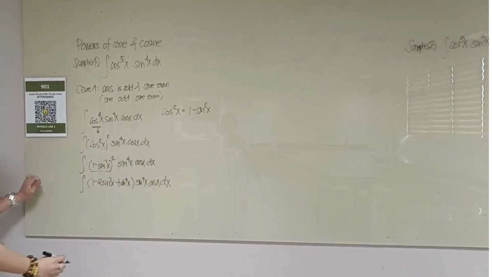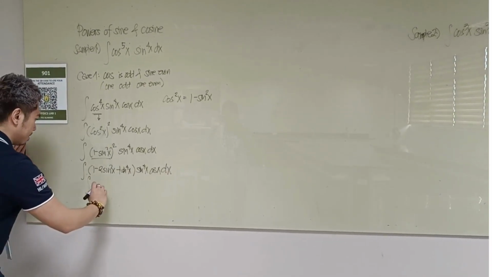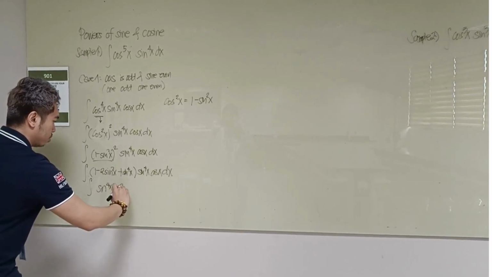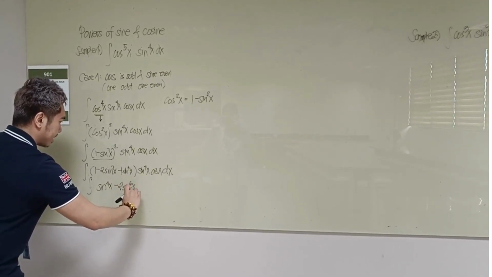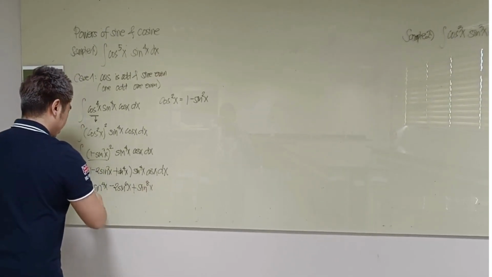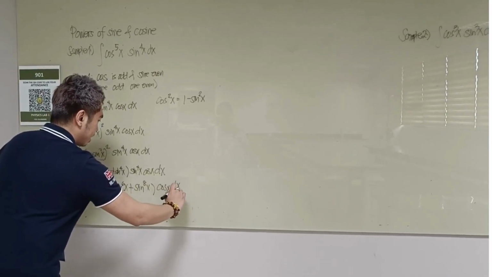Now, we further distribute this, so we have the integral of sine raised to 4x minus 2 sine raised to 6x plus sine raised to 8x, quantity, cosine x dx.